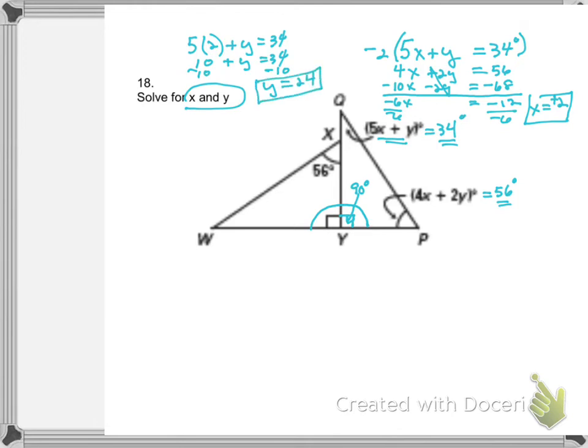I have now solved for x and y using simultaneous equations. So as I said, this is also a stretch question. I'm not going to ask you to solve using simultaneous equations, but I want to just refresh that in your mind because you will need to have this skill again next year. And it's nice to be able to tie in some of your algebra skills to geometry whenever possible.